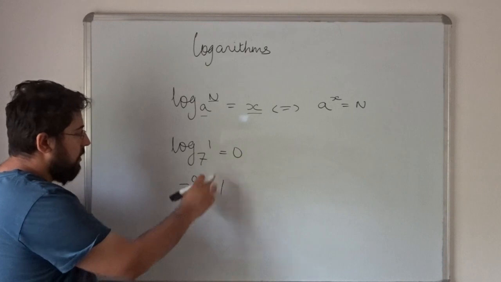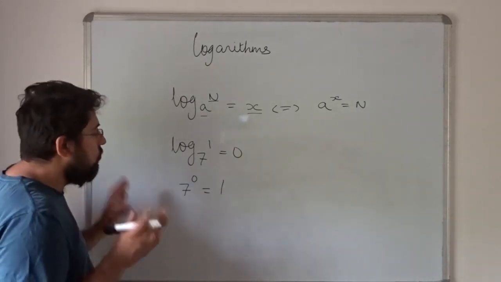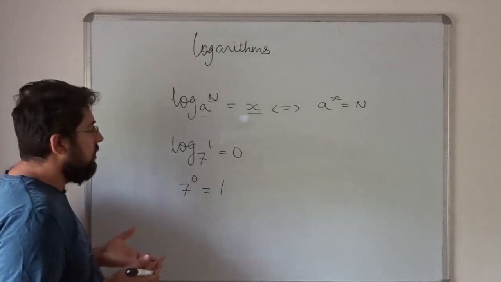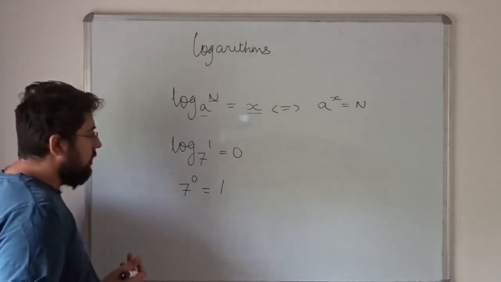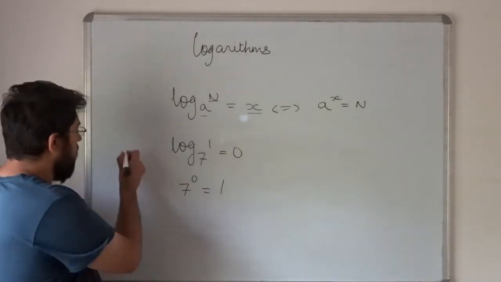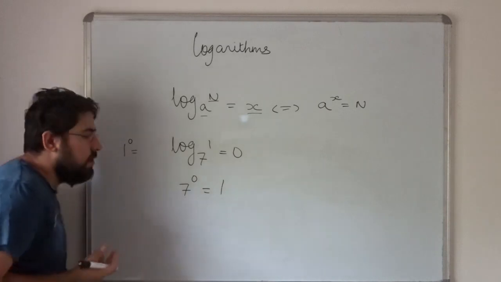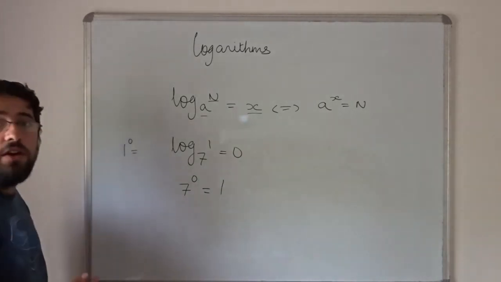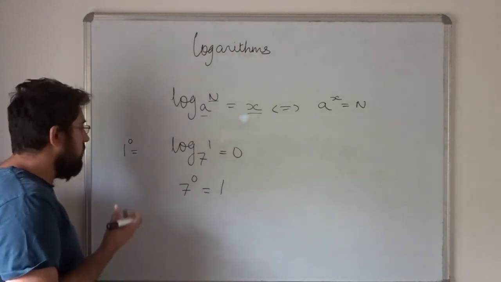That there is a 1 here. If there's a 1 here, there's nothing that I can do to it exponentially to make it become 7. I can't do anything, because even if I do 1 to the power 0, it's still not going to help me.